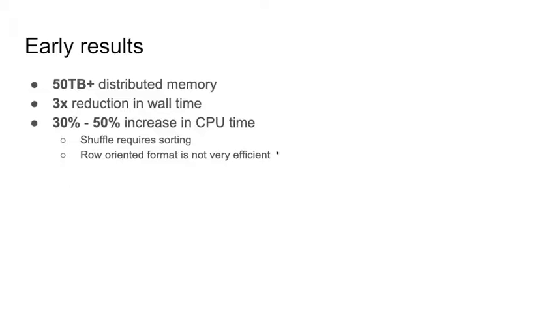Also, I would like to mention that in general, using the MapReduce architecture does increase the CPU time, but it also disaggregates the computation from the shuffle, so you can provide so-called serverless computation, which means you can better use off-peak computation resources.